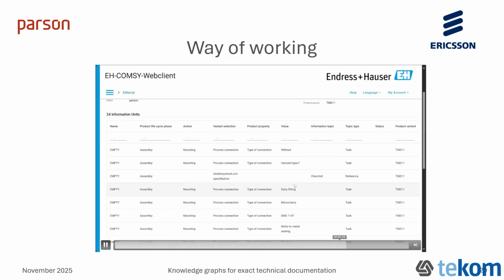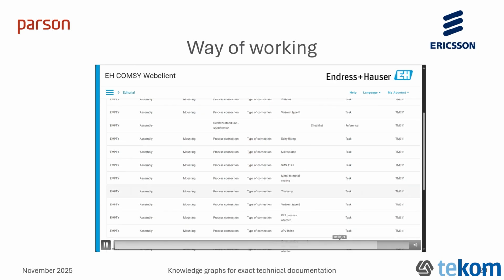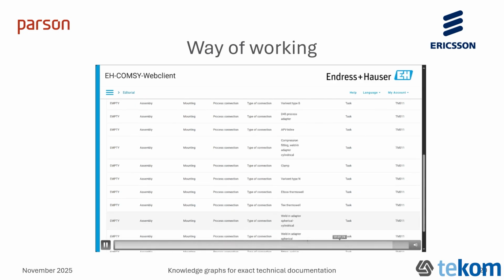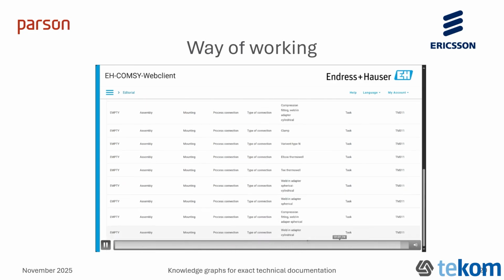So the knowledge graph collects all the topics that are already present for this product feature, for instance. If you have already written about assembling a device with a clamp, then there's a topic about it, even if it's on another product. But if it's the same product property and the same fastening method, then you can reuse the topic, and the knowledge graph selects that. If it doesn't find a fitting topic, then it creates new ones.